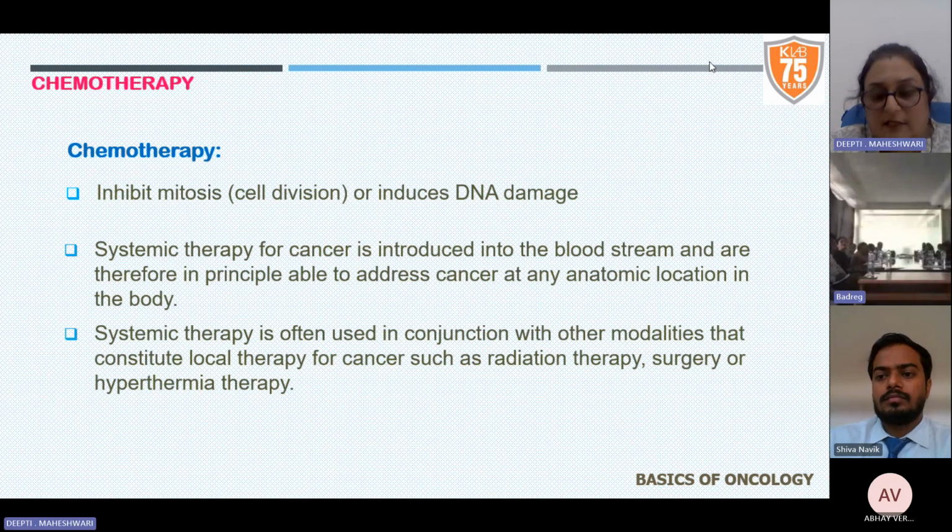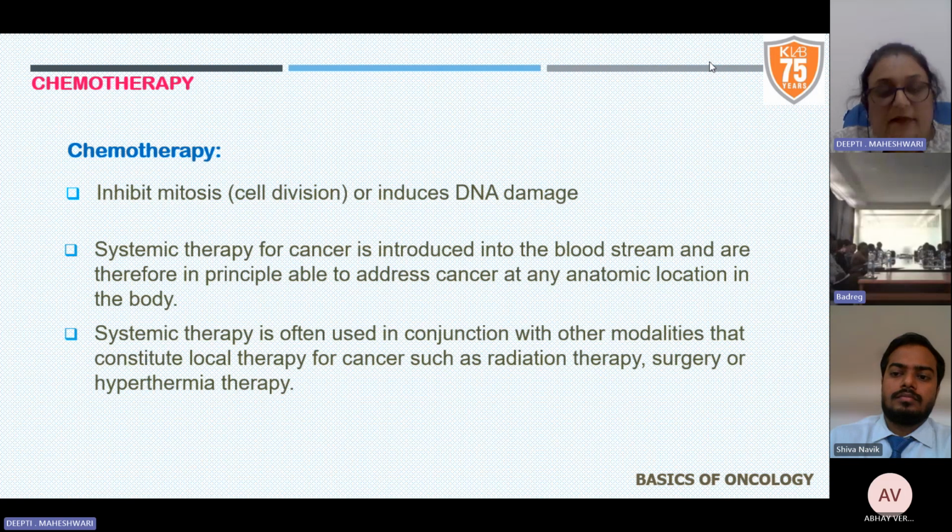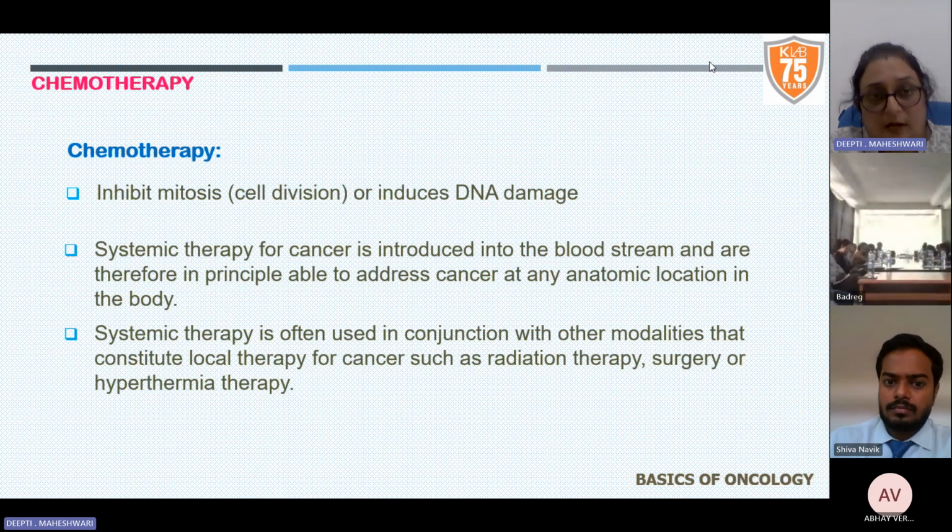We had just seen in my initial slide what is cell mitosis and the different phases in cell mitosis, right? Why had we studied that? Because chemotherapy or chemotherapeutic drugs act on the different phases of the cell. So basically, chemotherapeutic drugs inhibit cell mitosis, which is also called cell division, because they are affecting one or the other phase of the cell, or maybe all phases of the cell.